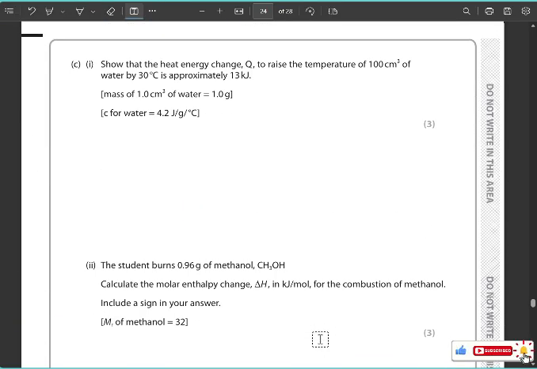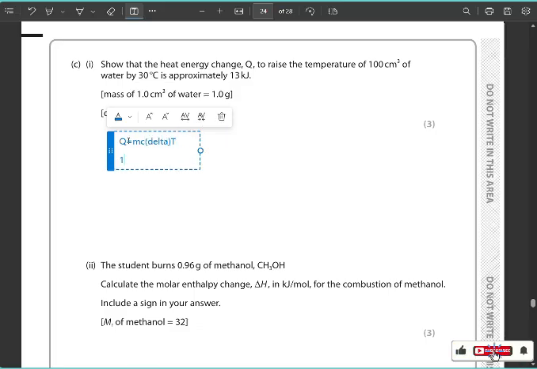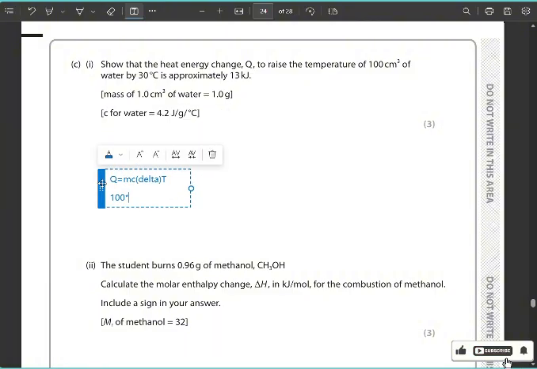The next one. Show that the heat energy change Q to raise the temperature of 100 cm³ of water by 30 degrees is approximately 13 kilojoules. Okay. The formula is Q equals m c delta T. We know m is mass. Mass is 100 cm³, and here it is written that the mass of 1 cm³ of water is equal to 1 gram. It means that we can write 100 for the mass, and c is specific heat capacity.